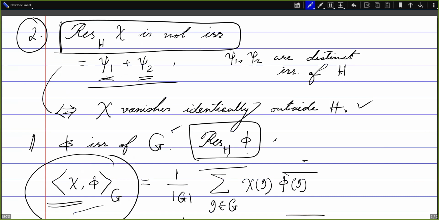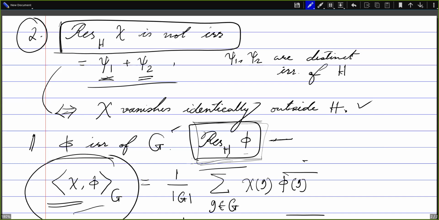And then for any irreducible character phi of G, if this has psi 1 or psi 2 as one of its constituents, then, try to understand that a priori we do not bother whether the restriction is identically equal to the restriction of chi.